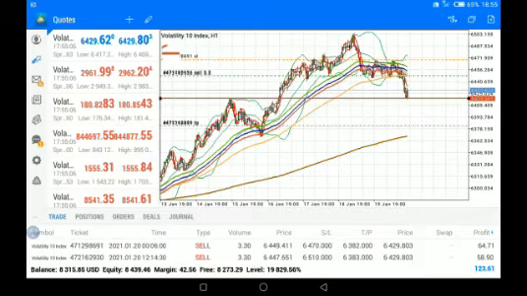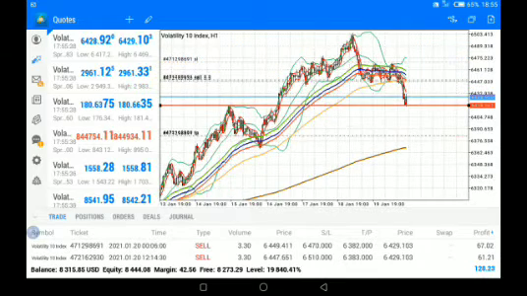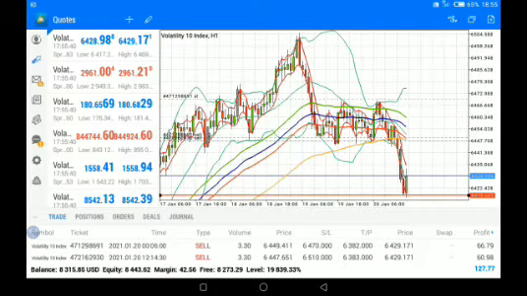Price actually came down, touched TP1 and smashed it. Now you can see the retracement, candle still forming. Just like I speculated, it's gonna go up a bit here.